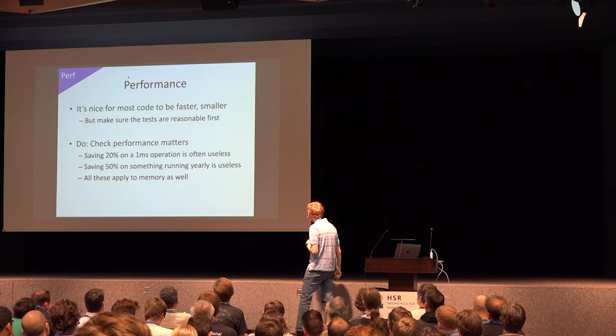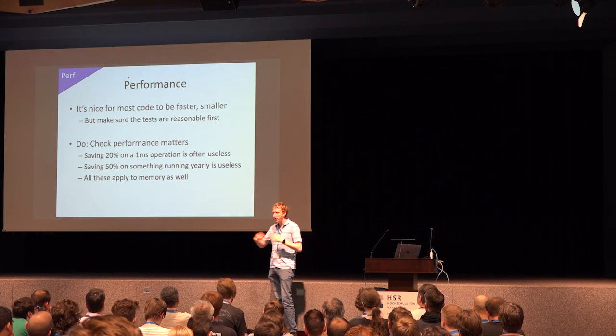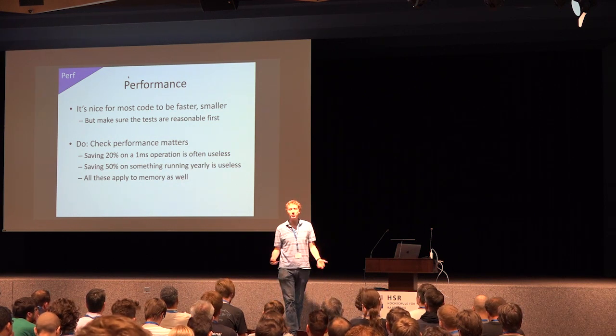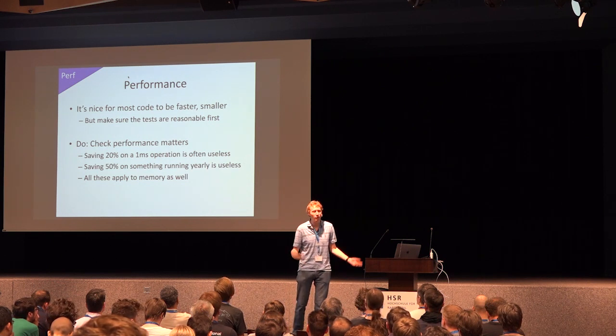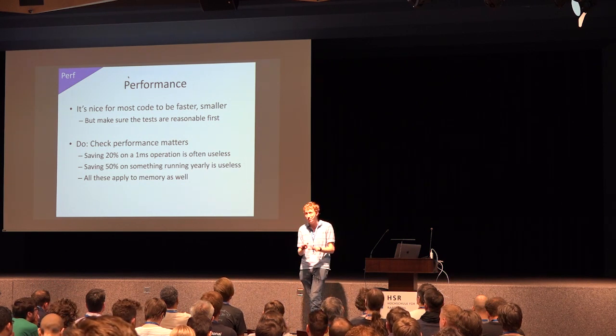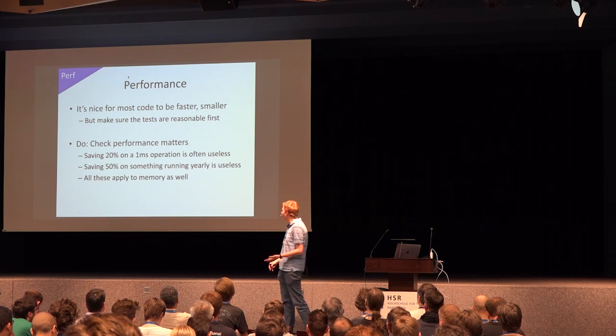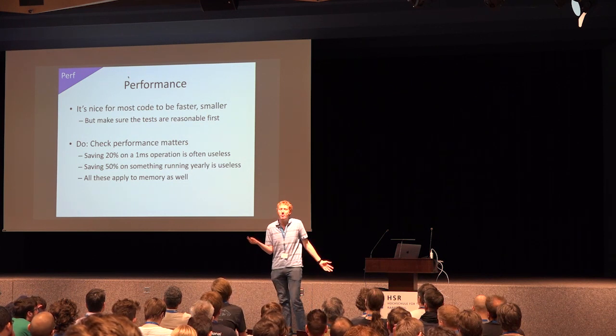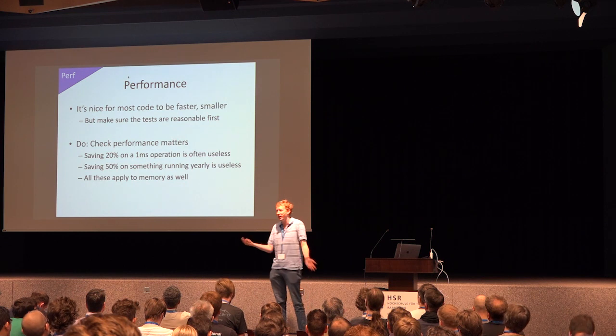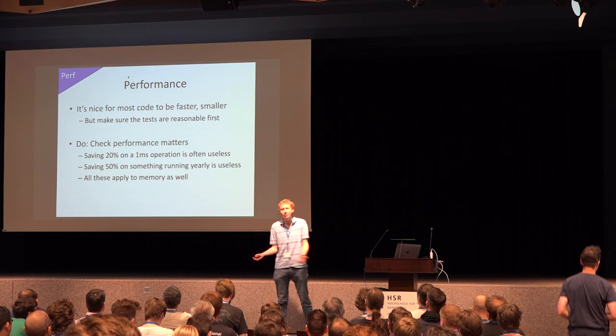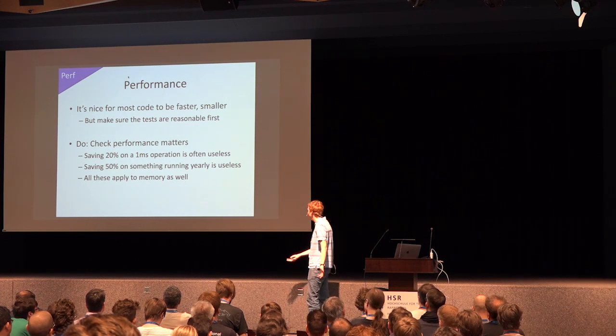So, of course, before you start improving the performance of a project, do check that performance actually matters to this project. It will to most, but if it only takes like 1 millisecond in total and it's run once a year, no one's going to care if you make it 20% faster. No one's going to be able to measure it.